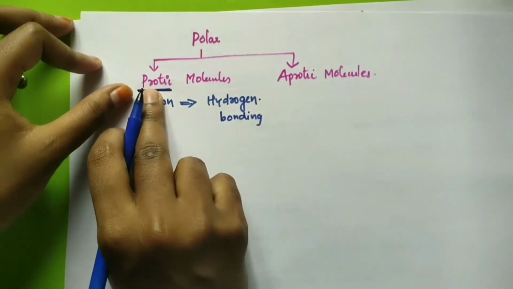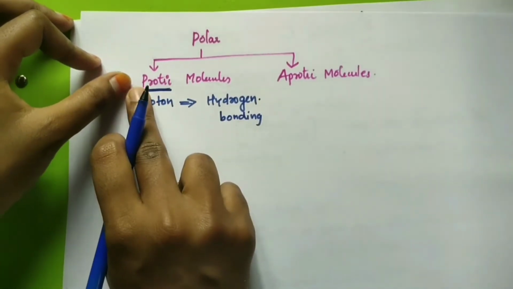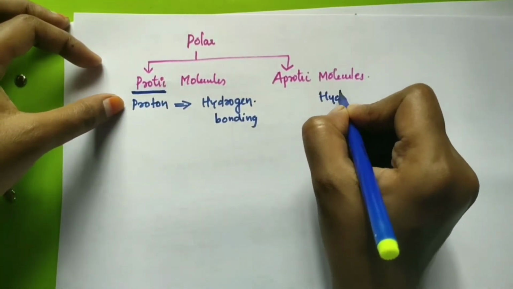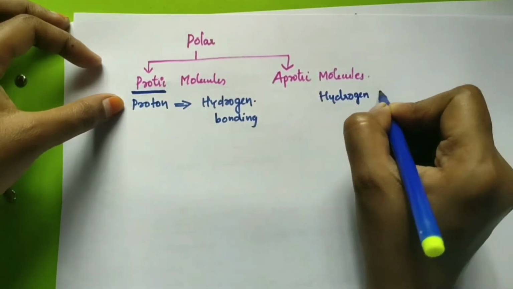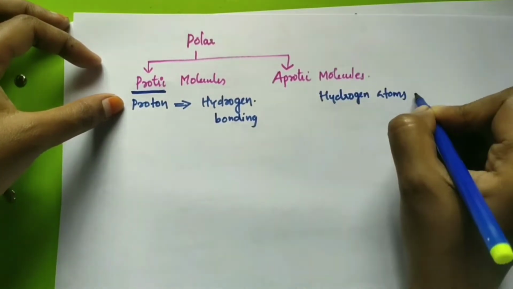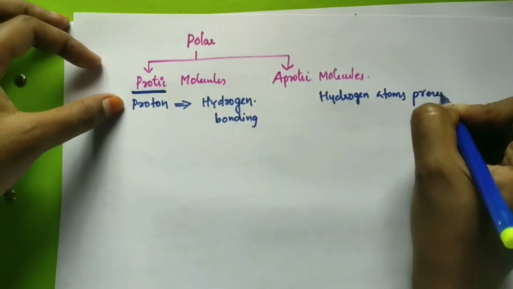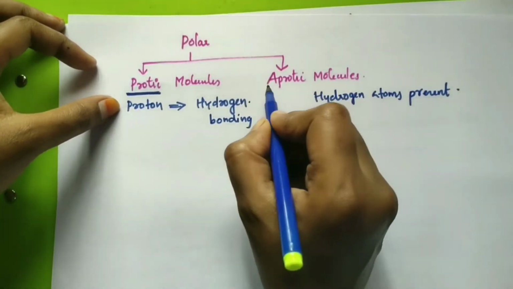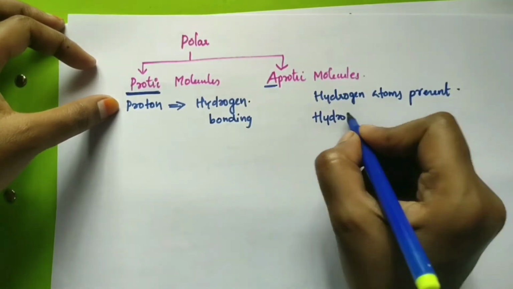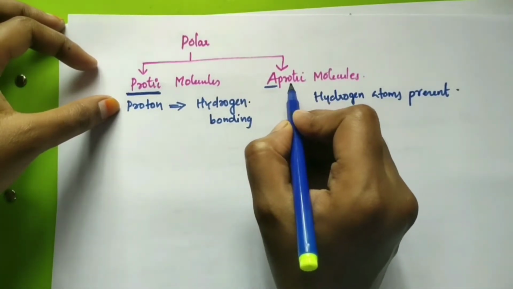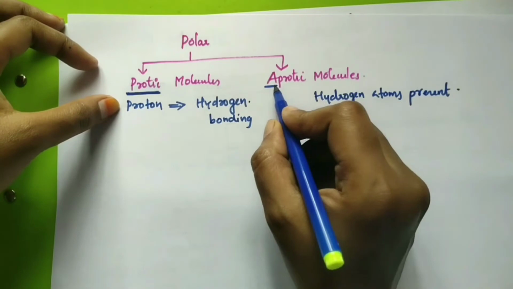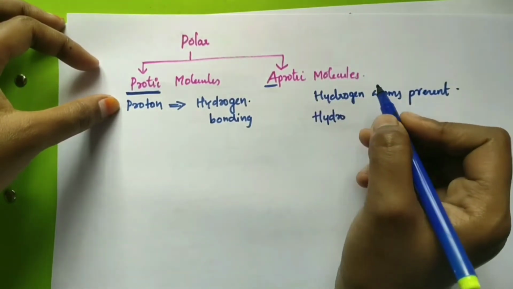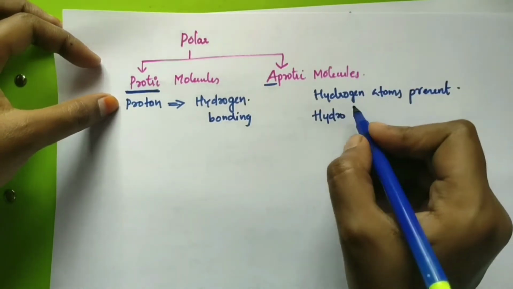In protic molecules, hydrogen atoms are present and hydrogen bonding is present. But in aprotic, the A stands for absent. It does not mean absence of proton, it means absence of hydrogen bonding. Proton means hydrogen, so hydrogen bonding. Don't get confused with that.